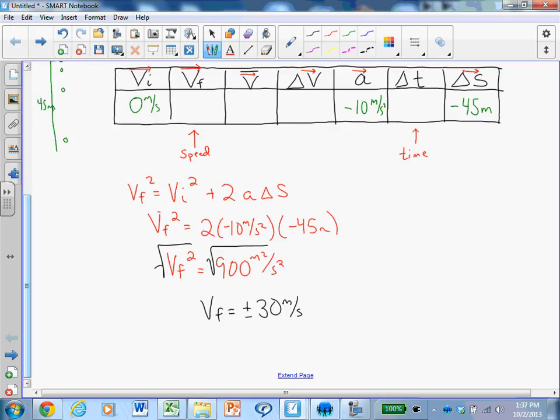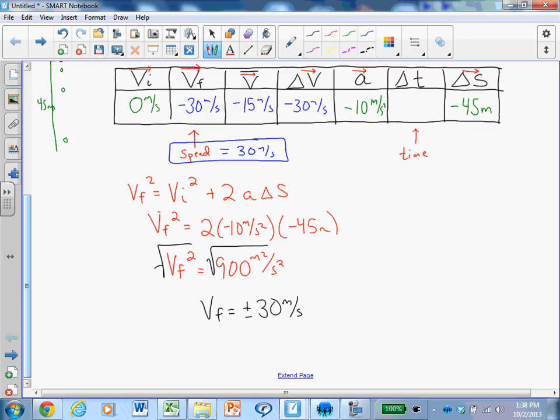Well, since it's going in the downward direction, we know that this VF here is minus 30 meters per second because it's going downward. The speed, though, is 30 meters per second for that part there. The average is that divided by 2, minus 15. The delta V is VF minus VI, which is minus 30.